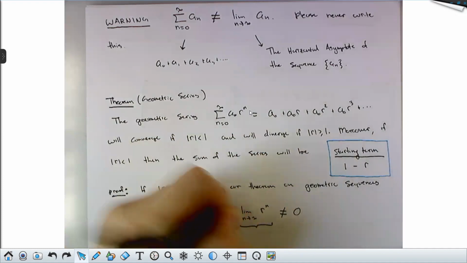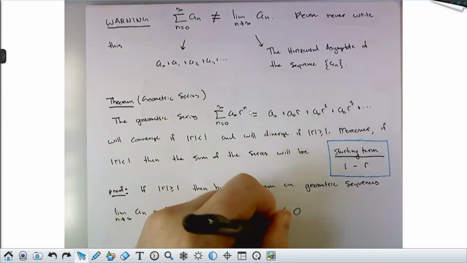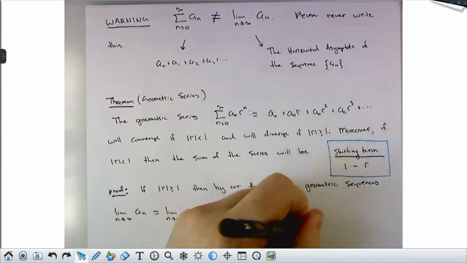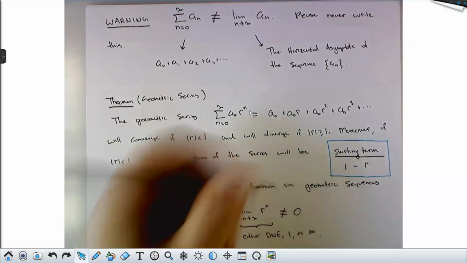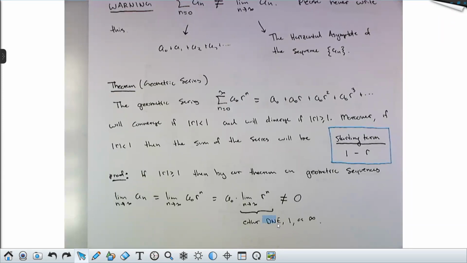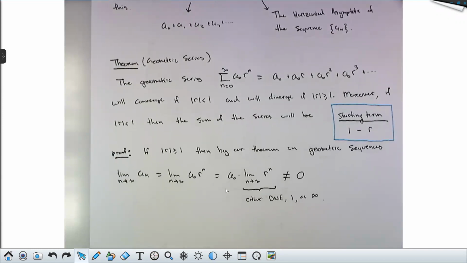This piece will either be DNE, 1 if r is equal to 1, or infinity. If r is less than -1, it will be DNE. If r is equal to +1, it will be 1. If r is greater than 1, it will be positive infinity. In particular, in all of those cases, this limit is not 0.